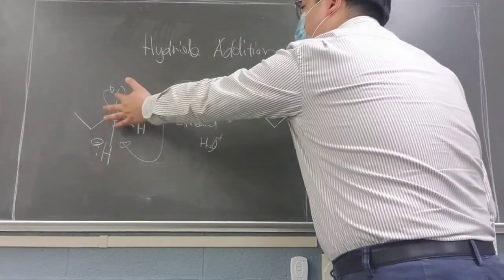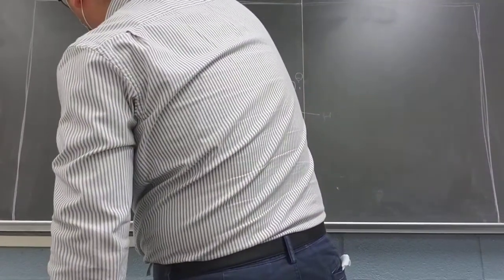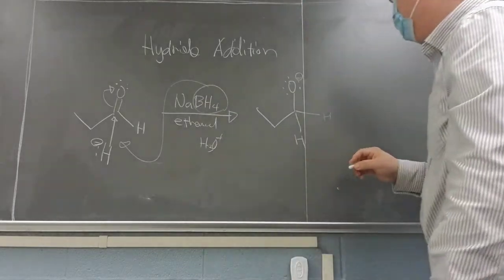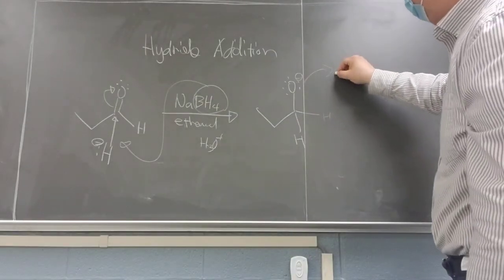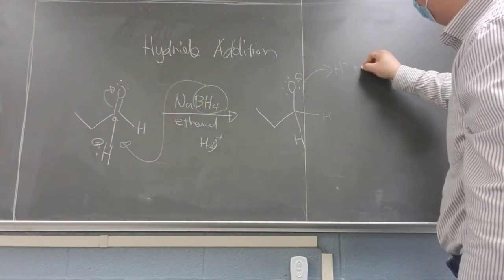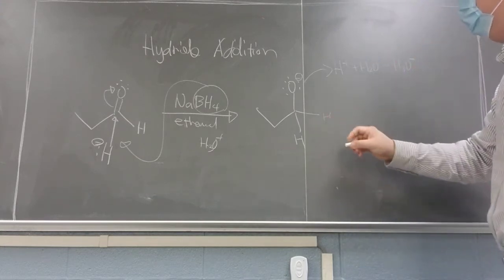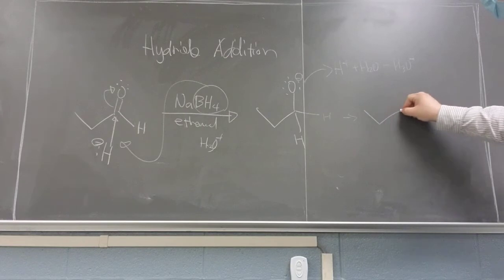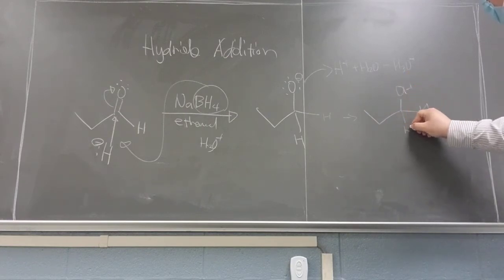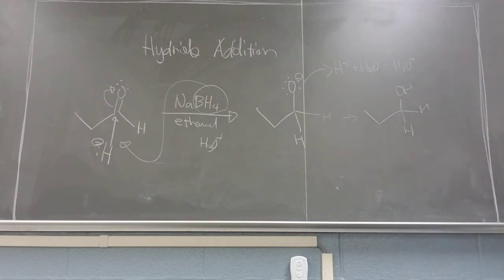It now has additional electrons; previously just 2, now it's 3. Then it grabs one of the protons from the hydronium cation and becomes a hydroxy group. So it becomes a primary alcohol.